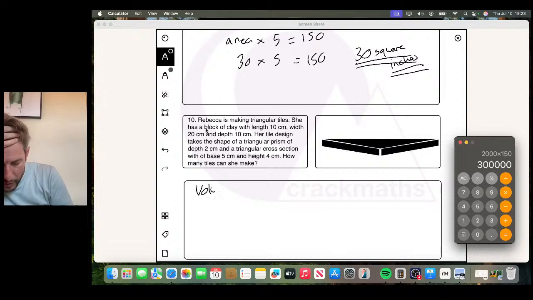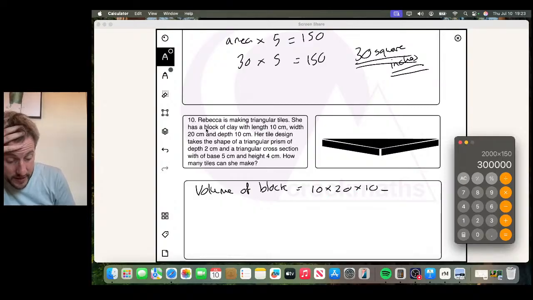So the volume of block is going to equal 10 times 20 times 10, which is 100 times 20, which is going to be 2,000. So that's the volume of the block. Okay, and then the volume of the tile design is going to be the area of the triangular cross section, which is a half times the base times the height.